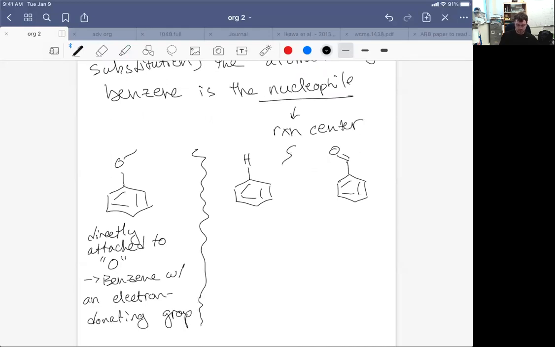Okay, now over to the far right, skipping the one in the middle, this is directly attached to not an O in this case, but a carbonyl. I want you to recognize that and interpret that as a benzene attached to an electron withdrawing group.